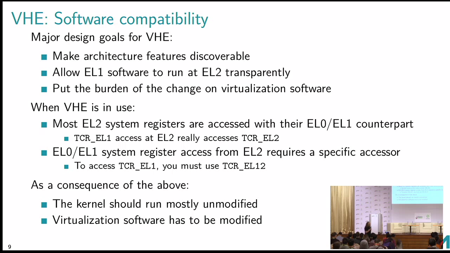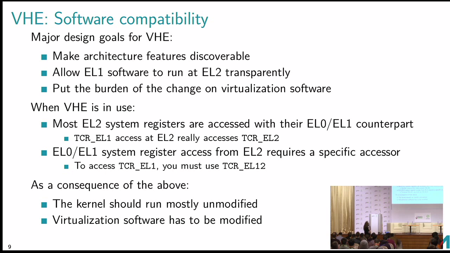So like any architectural extension, you have to be extremely careful with preserving compatibility. And that's exactly what we've been looking at very closely. One of the major design goals was to make sure everything is discoverable. So you have feature bits that you can probe to find out what the core actually supports.